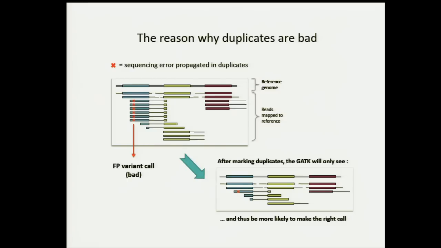In the worst case scenario, things like this can happen. For example, in this diagram, you have the two molecules at the top, and then 1, 2, 3, 4, 5, 6 copies of the same molecule that has just a false positive there, a wrong variant that was just a mistake from the machine.